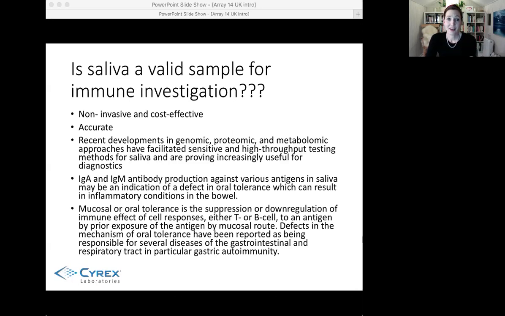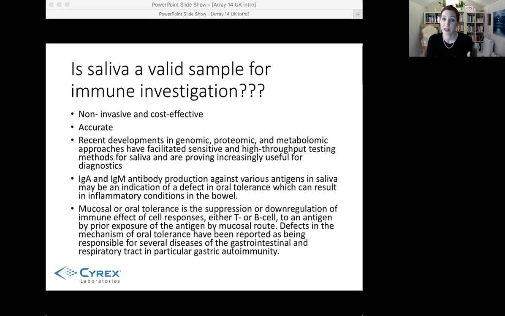So using saliva in a clinical setting offers many, many advantages, not only because it's non-invasive and also cost-effective, but also it's very accurate and provides quite a lot of value from a clinical perspective. So again, there are a lot of internal inflammatory processes that leave a really definite fingerprint in the saliva.